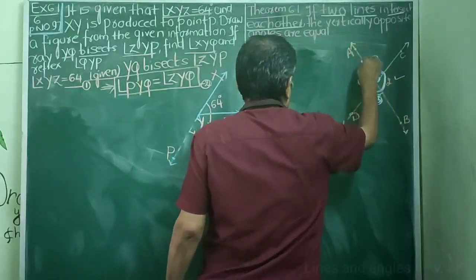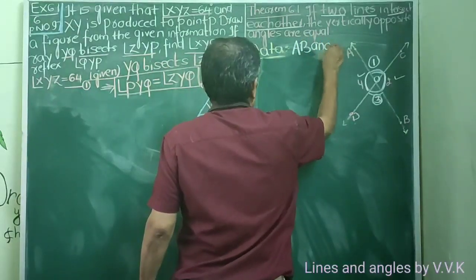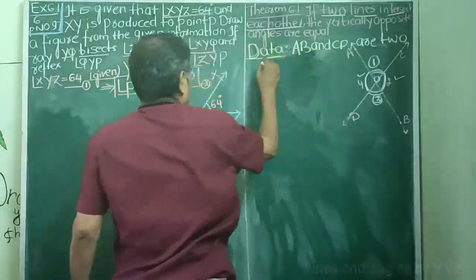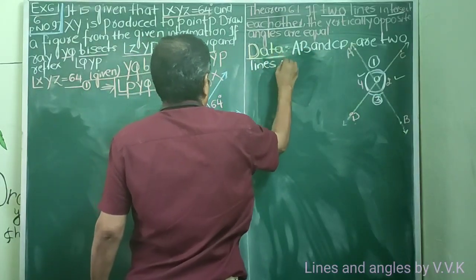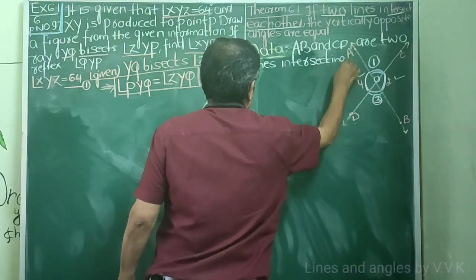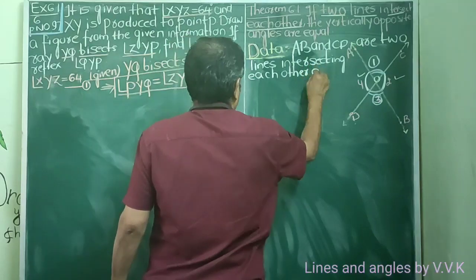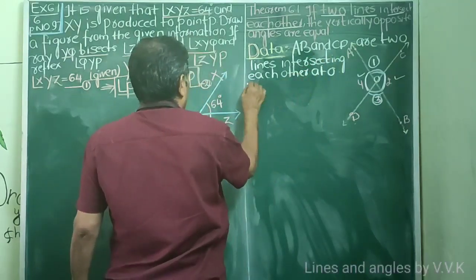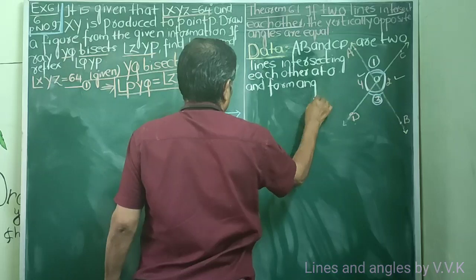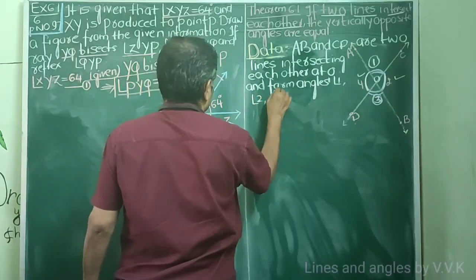For example, AB and CD are two lines intersecting each other at O, and form angle 1, angle 2, angle 3, angle 4.